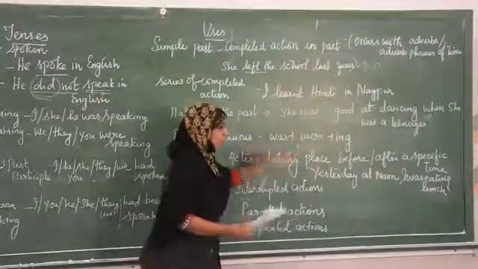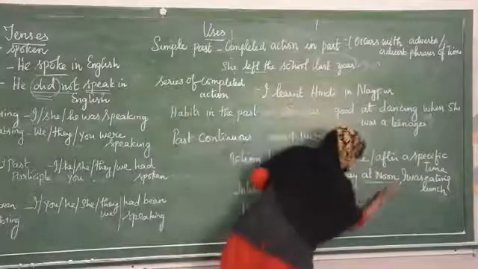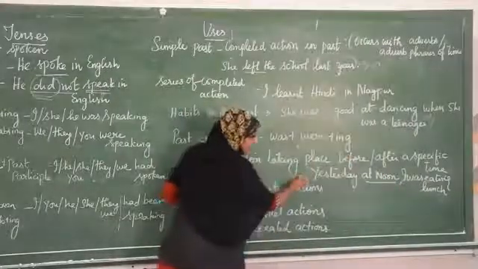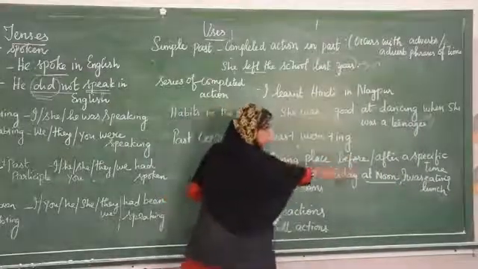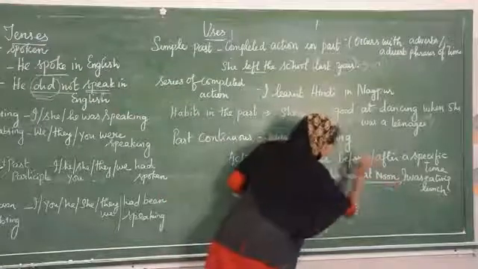Action taking place before or after a specific time means the time is mentioned here. So what were you doing yesterday at noon? You were eating, or I was eating lunch.